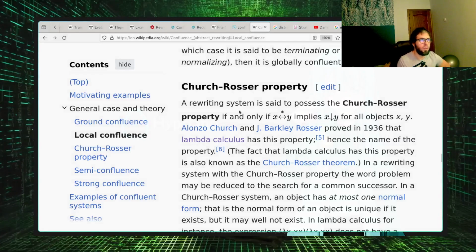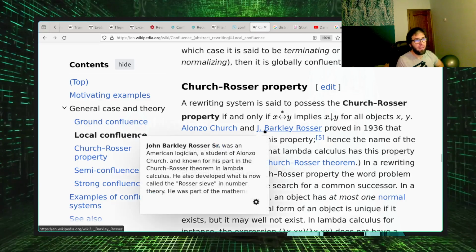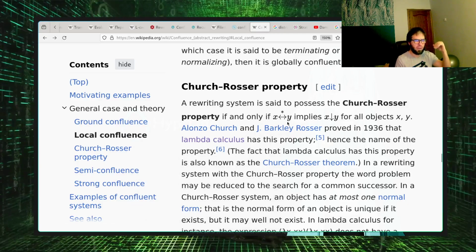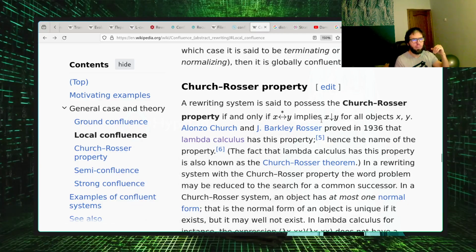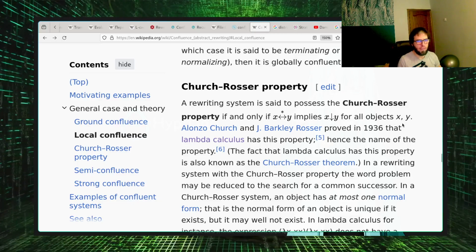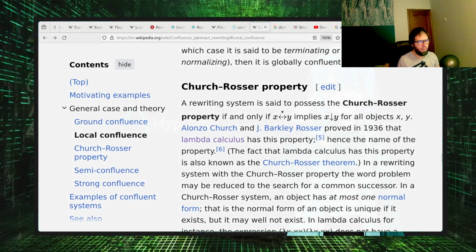Church-Rosser property. A rewriting system is said to possess the Church-Rosser property if and only if x is equivalent to y, written with a star, implies that x and y have the confluence for all objects x and y.